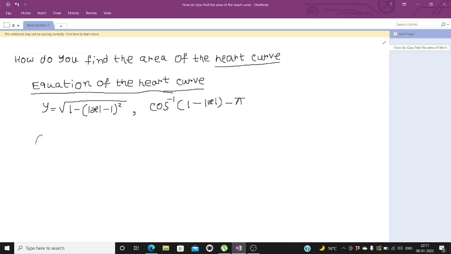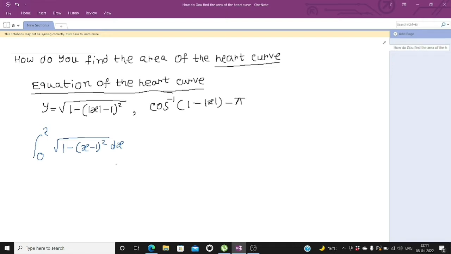So we have to integrate, between 0 to 2, root of 1 minus (x minus 1) whole square dx, right?